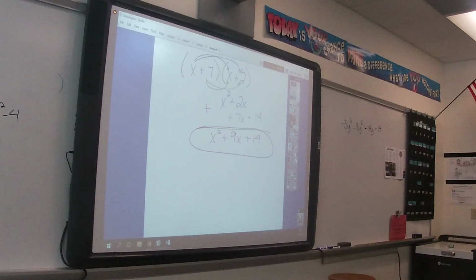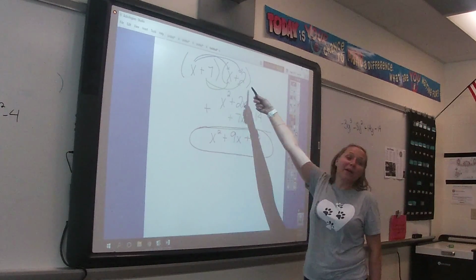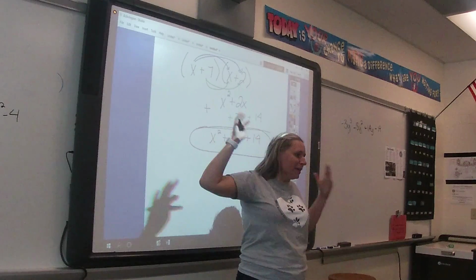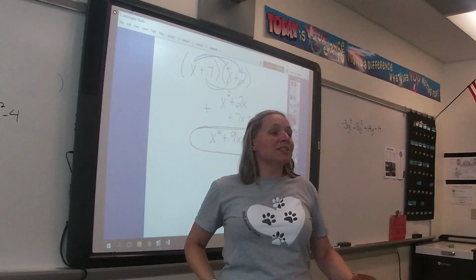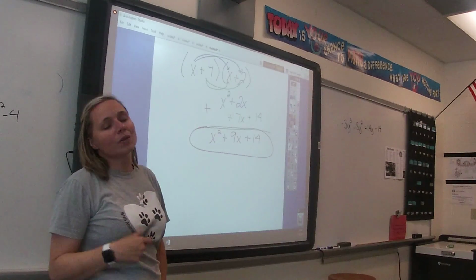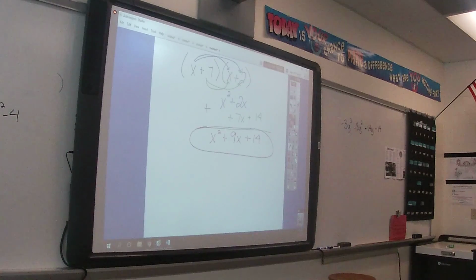Except it only works for a binomial times a binomial and doesn't work for anything else. And when I was taught, you foiled. Instead of being called multiplication, this was foiling. Foiling could even be a verb. So if you hear that word or see it presented somewhere, that's where it's coming from.